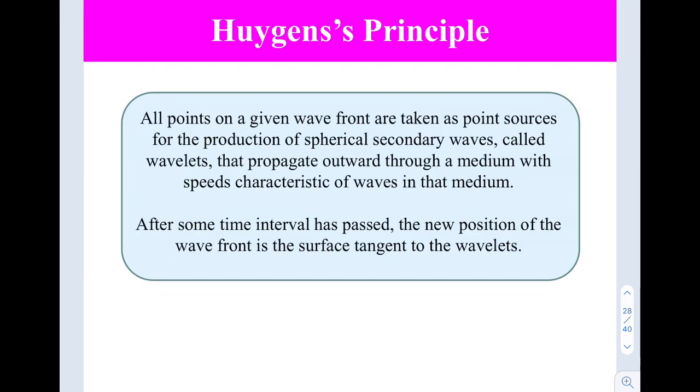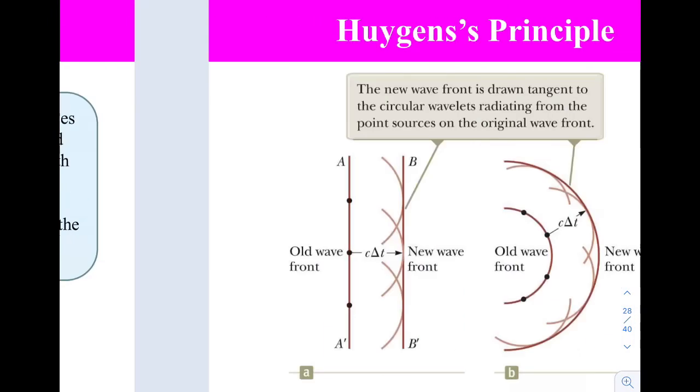So the keywords are spherical secondary wavelets, which propagate outward through a medium with the speed characteristic of waves in that medium. After some time interval has passed, the new position of the wavefront is the surface tangent to the wavelets. The keywords are wavelets and surface tangent.